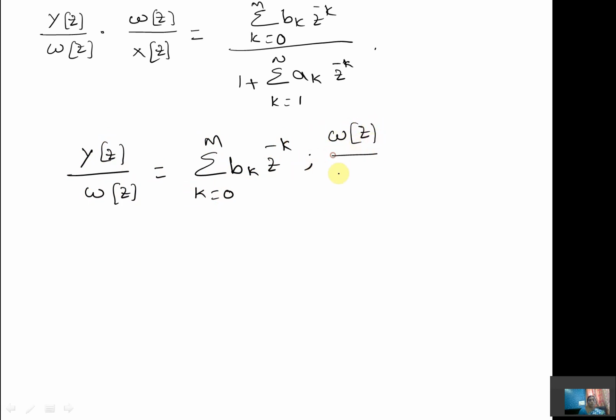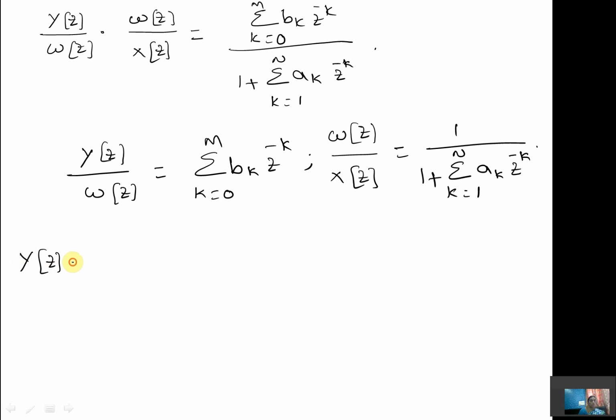W of z by x of z is nothing but 1 by 1 plus summation k 1 to n ak z power minus k. So from this, y of z is equal to w of z into summation bk z power minus k.